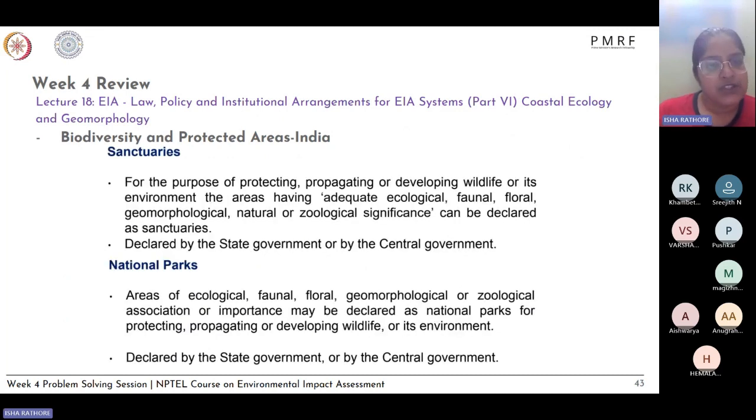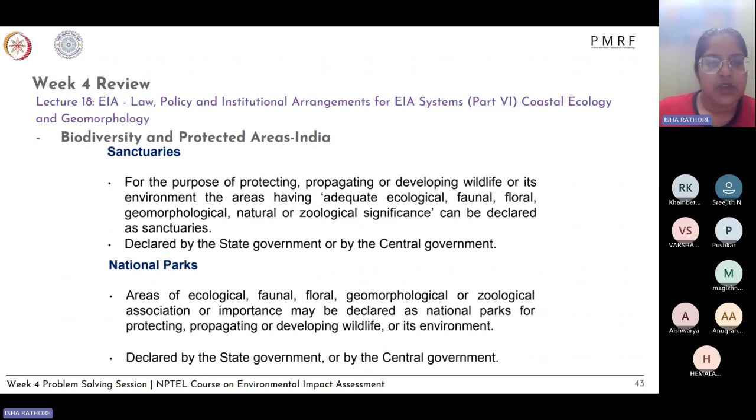Then there are also sanctuaries, which are for the purpose of protecting, propagating, or developing wildlife or its environment, such that these areas have adequate ecological, flora, fauna, geomorphological, natural, or geological significance. So these are basically declared by state government or by central government when it meets the requirements in all of these categories. Then we have national parks, which are areas of ecological, flora, fauna, geomorphological, or zoological association or importance.